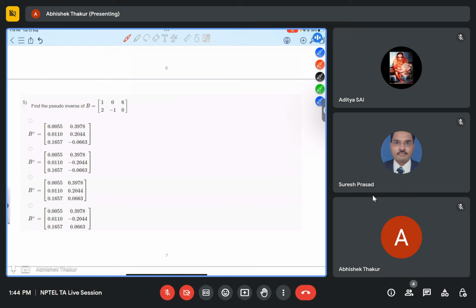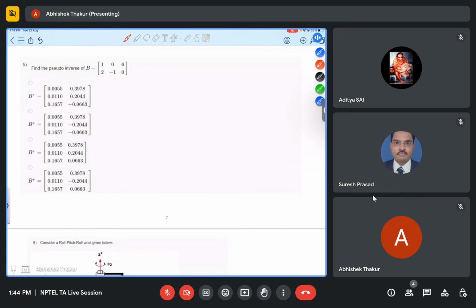So now coming to the next question: find the pseudo inverse of a matrix which is given, and this matrix is not a square matrix. Generally, we have to find the pseudo inverse for a matrix which is not a square matrix. That is also known as the Moore-Penrose inverse or pseudo inverse, denoted by B plus.